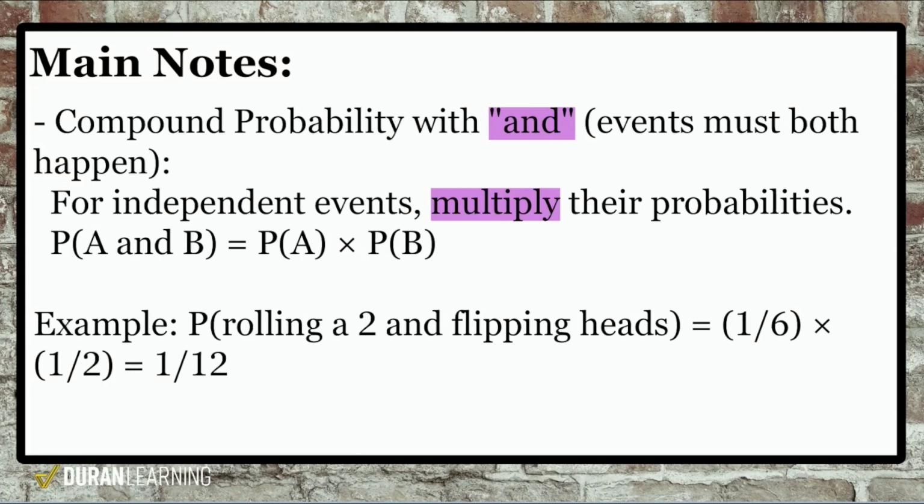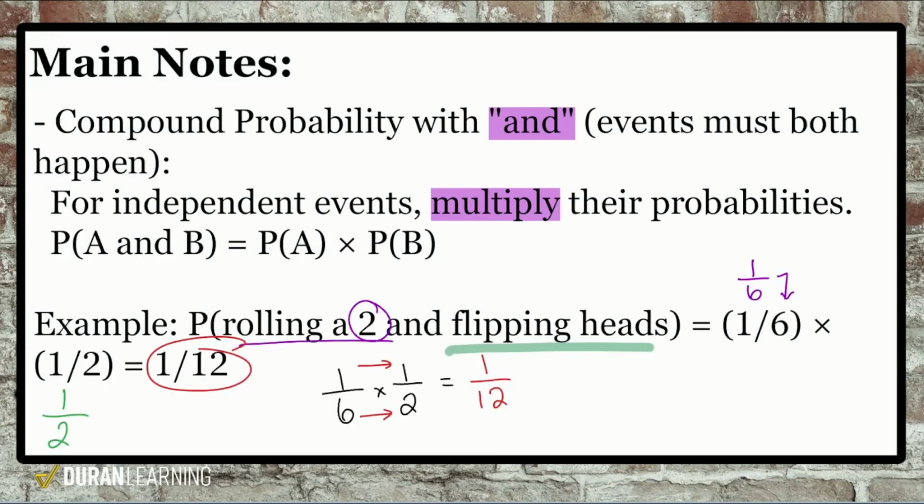So if we ask, what's the probability of this and that happening, we are multiplying their probabilities. I'll give you a moment to write this down if you haven't already, and then we'll move to the next page where we talk about compound probability with the word or.